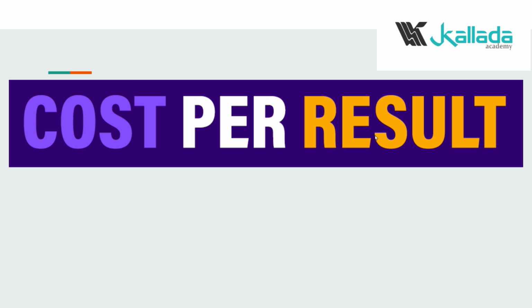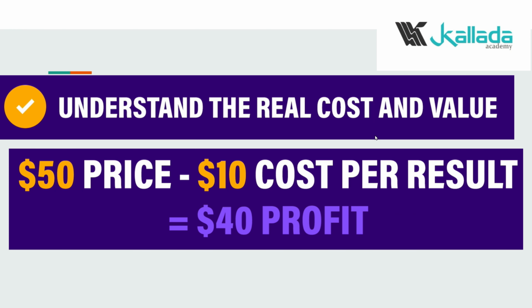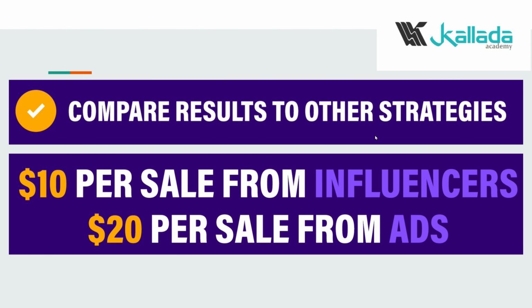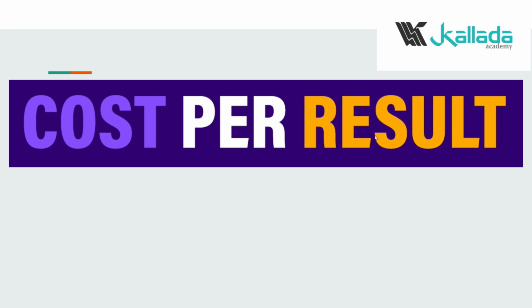As we understood from the last few slides, it is ultimately the cost per result, whether with respect to followers or website clicks, and finally the major important factor is the count of sales that we are focusing on.